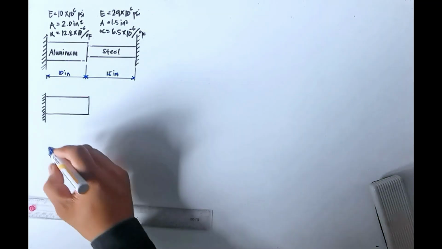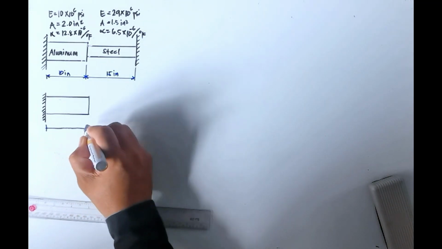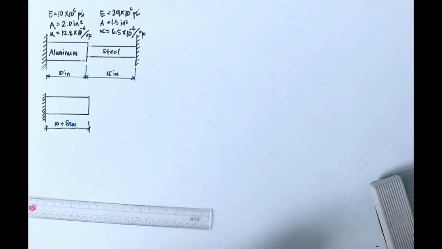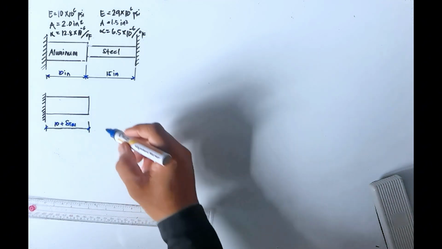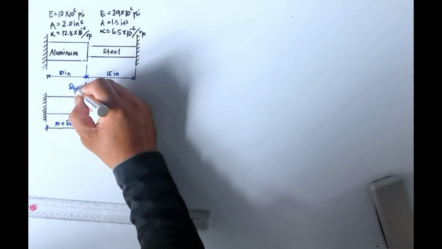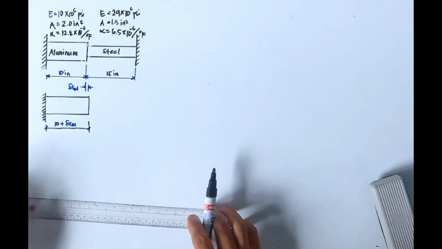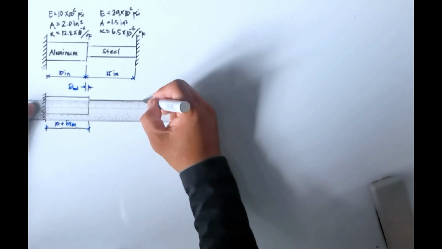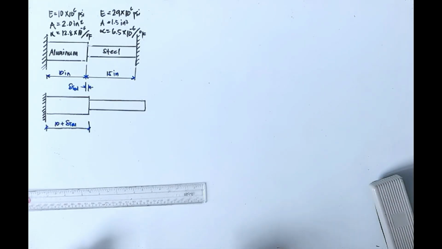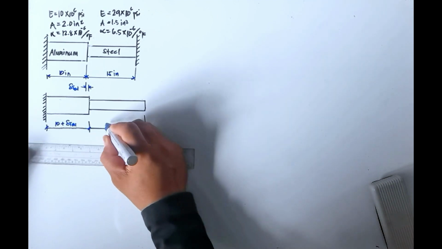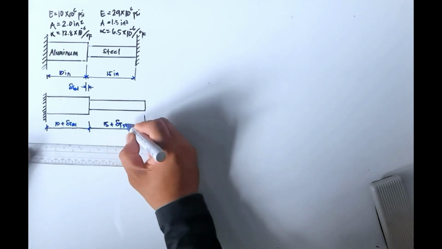This length will now be 10 plus the thermal expansion of the aluminum. And then the steel will also expand, and this is now 15 plus the thermal expansion of the steel.